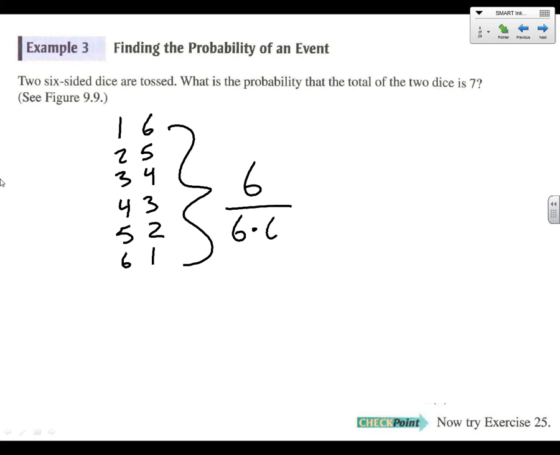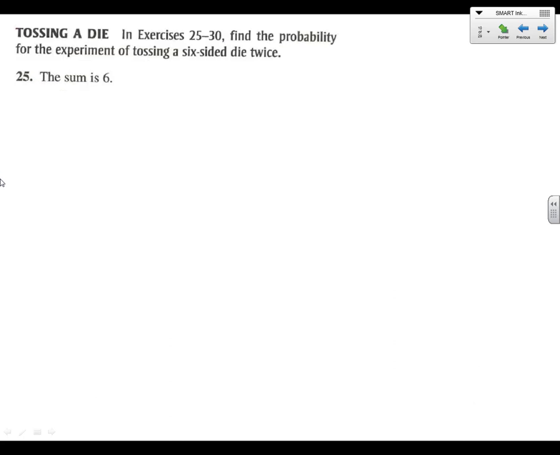And there's 6 numbers that can come up on the second die. So we have a 6 out of 36 chance, which is 1/6. So you have a 1 out of 6 chance. That's the probability of getting a 7, which actually is the most likely outcome using 2 dice. See if you can figure out the probability the sum is 6.